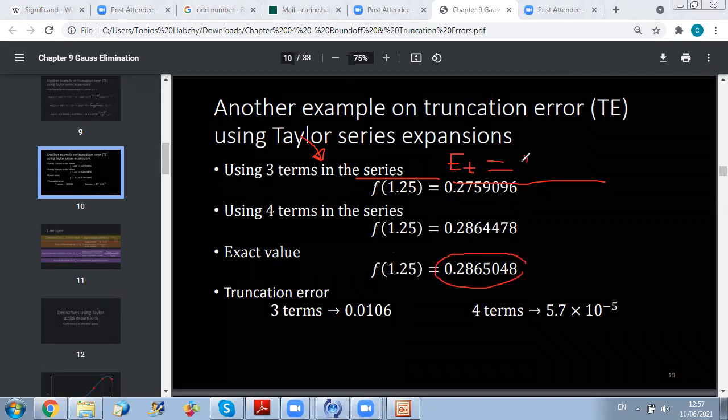So it's 0.2865048 minus the value I got from computation, which is 0.2759096.